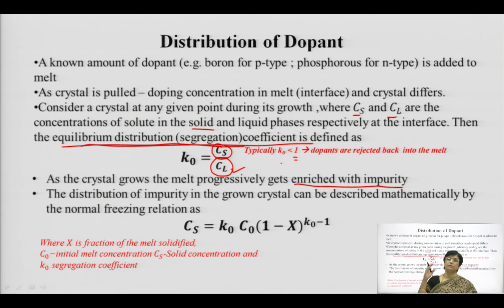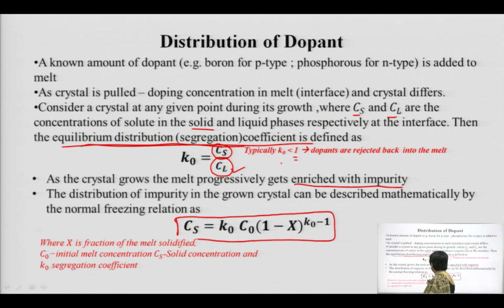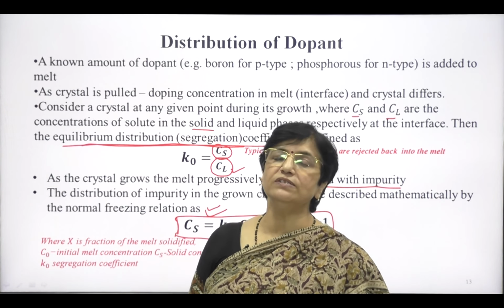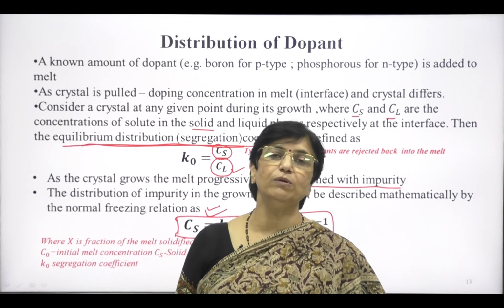As the growth process happens for a time interval t, your impurity addition into the single crystal will keep on increasing as the crystal grows, and therefore, this is the final point you need to know, that is the normal freezing relation, and this freezing relation defines till what depth or till what rate you need to grow the crystal, and at what rate the concentration is increased in the molten silicon.